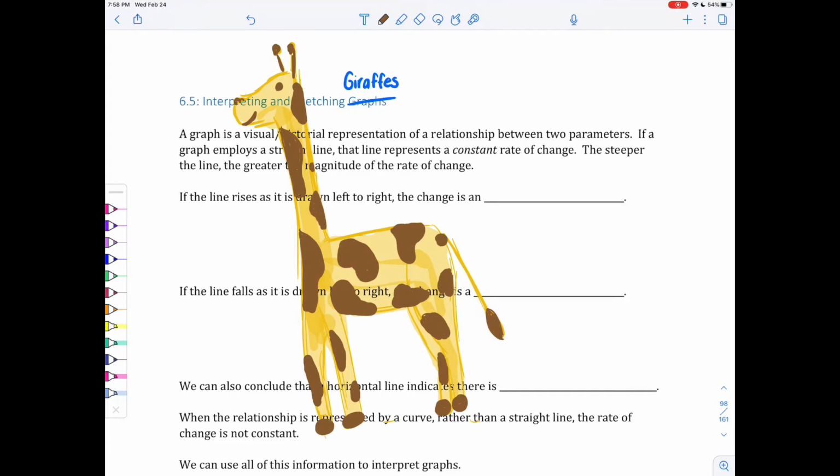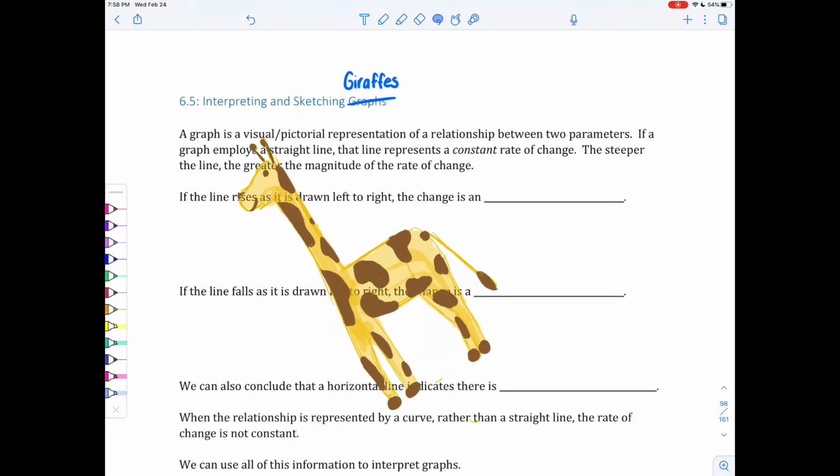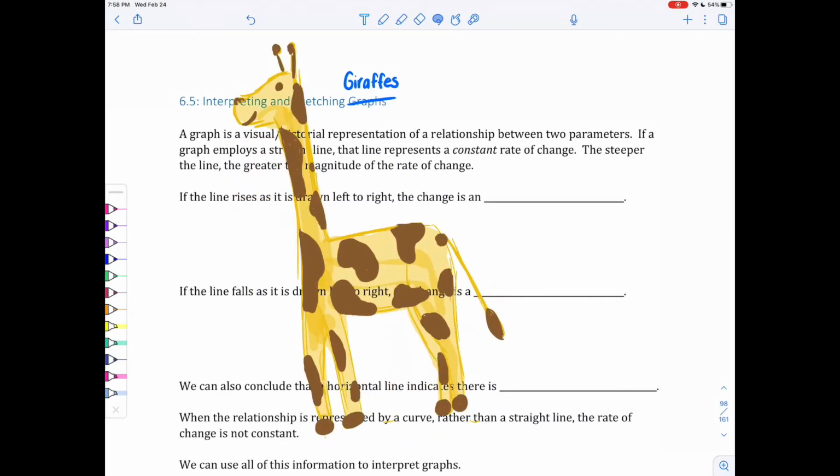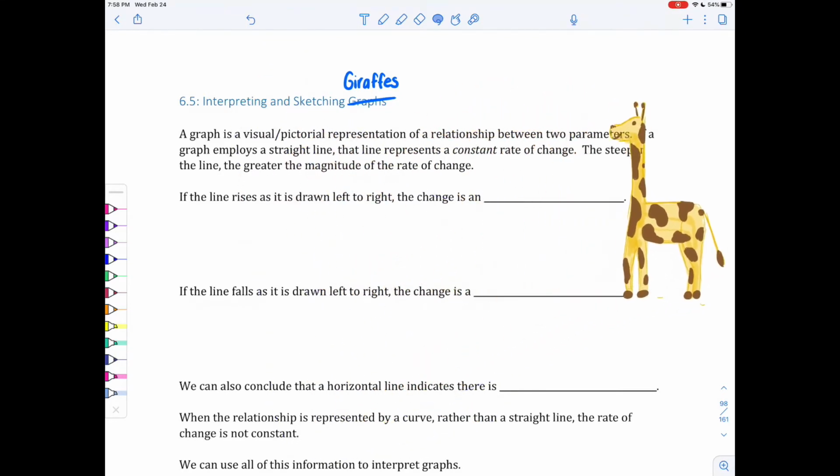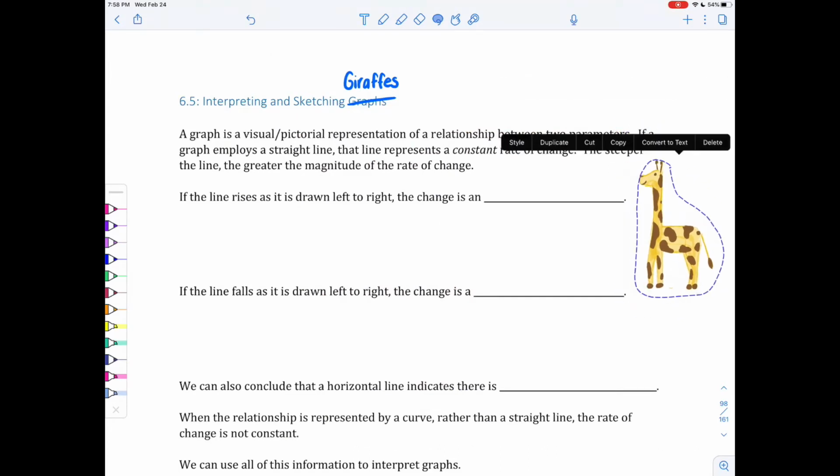Must have been a printer error. You sure? Because it looks like you kind of just wrote it there. I'm sure. But isn't Oliver cute? Is Oliver the giraffe? Yeah. Look at how cute he is. He's going to be our friend for the lesson. Speaking of lessons, let's learn some stuff.